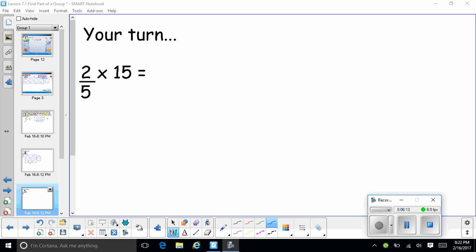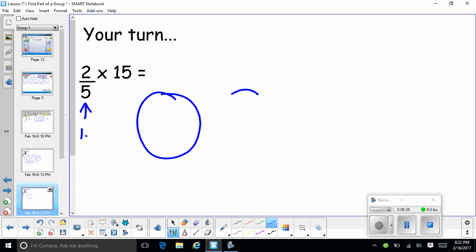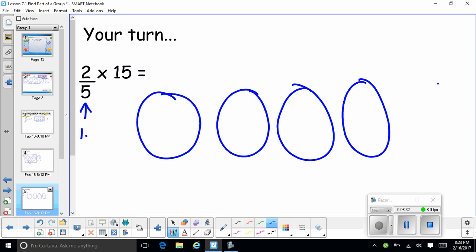Okay, so the first thing you should be looking at is your denominator. That's step 1. This tells me I need to draw 5 groups. 1, 2, 3, 4, 5.